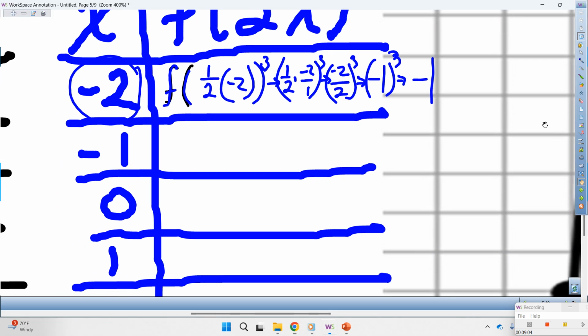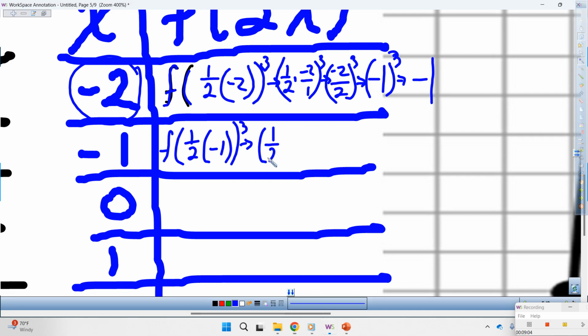All right, let's do the second one. Here goes. F of 1/2 times negative 1 cubed. So we have 1/2 times negative 1 over 1, which is negative 1/2 cubed, which is, let's see, what is negative 1 times negative 1 times negative 1?